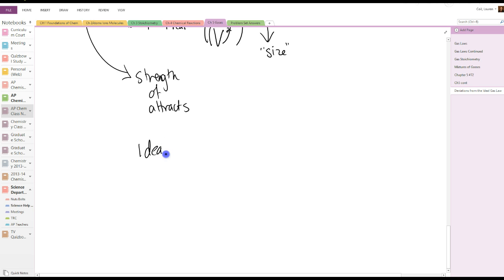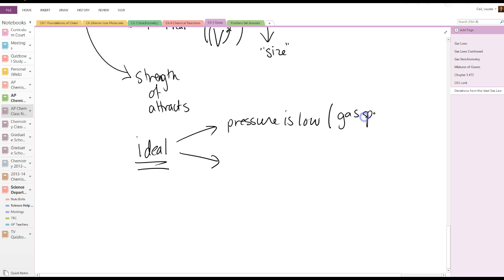We'll deviate from ideal behavior in two circumstances. The first is when we'll adhere to ideal behavior when the pressure is low, because the gas is spread out so it can't interact, and when the temperature is high.